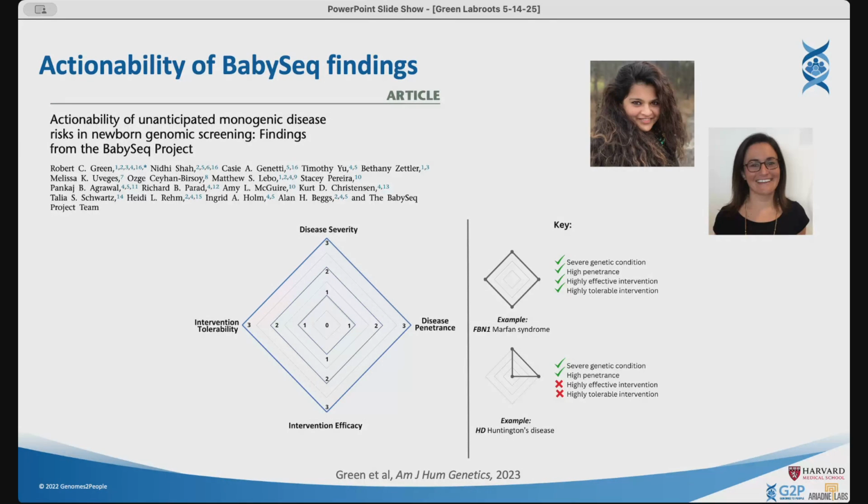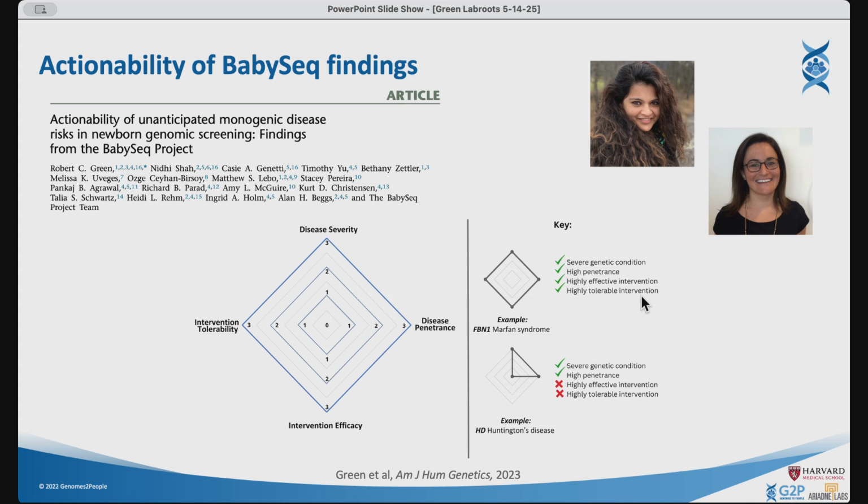So the perfect actionability would be a perfect diamond. And we used Marfan syndrome as an example. It's pretty severe, especially if you count the aortic rupture that people can have. It's highly penetrant. It's got a highly effective intervention. You can save somebody's life just by following that aortic expansion and operating in time. And highly tolerable intervention.